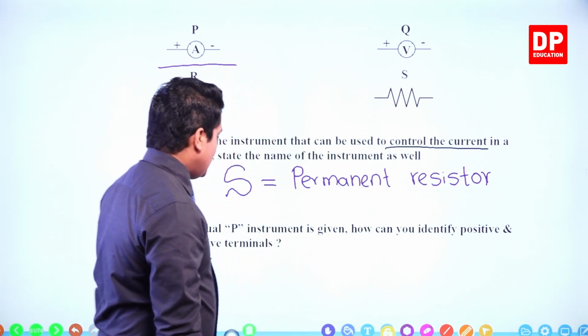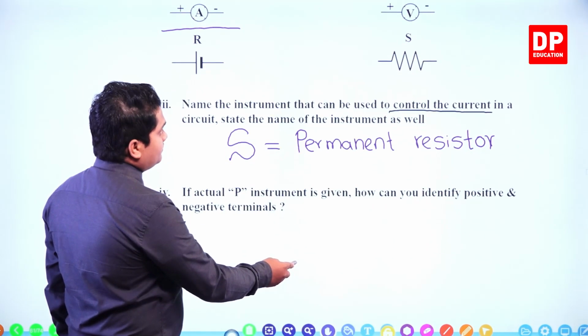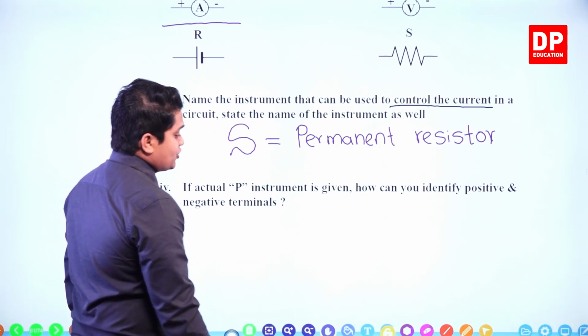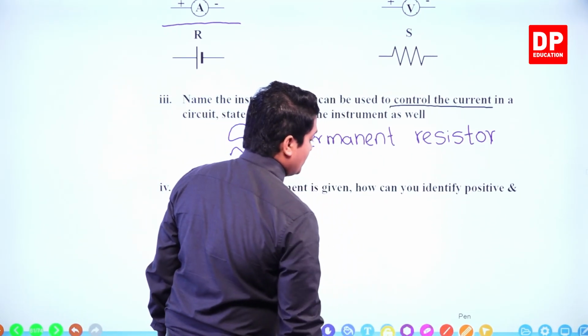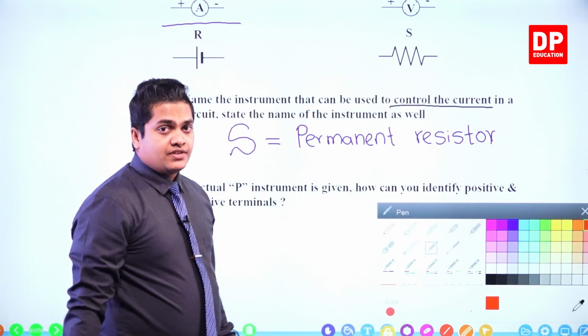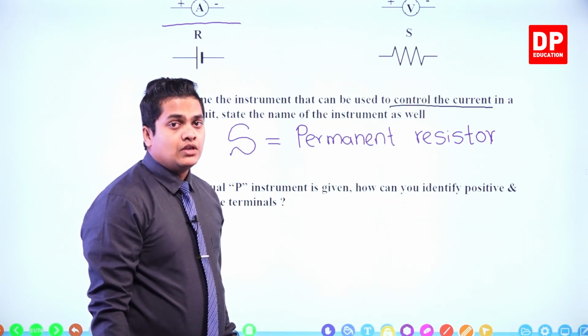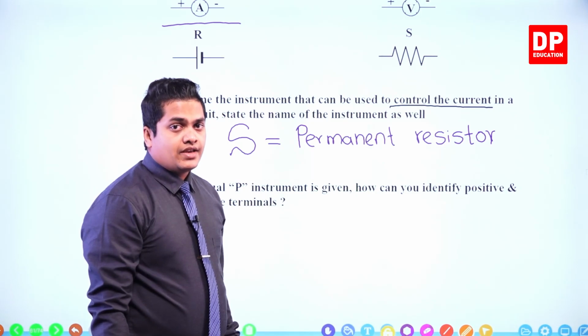Okay, so we can write the answer. If an actual ammeter is given, this is how to identify the two terminals, positive and negative.